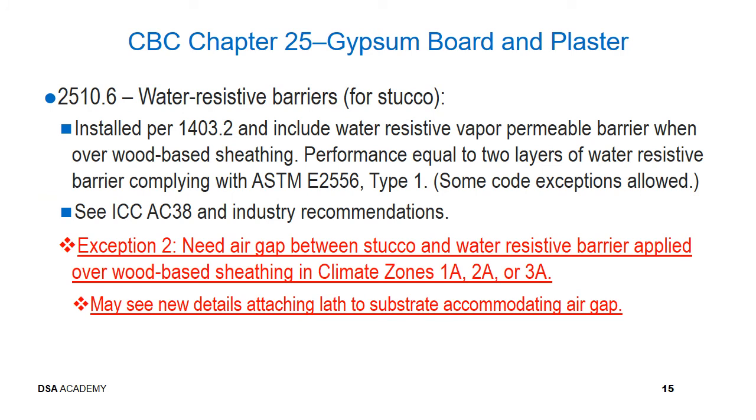CBC Section 2510.6 talks about water-resistive barrier requirements for stucco. Water-resistive barriers shall be installed as required in Section 1403.2 and, where applied over wood-based sheathing, shall include a water-resistive, vapor-permeable barrier with a performance at least equivalent to 2 layers of water-resistive barriers complying with ASTM E2556 Type 1.